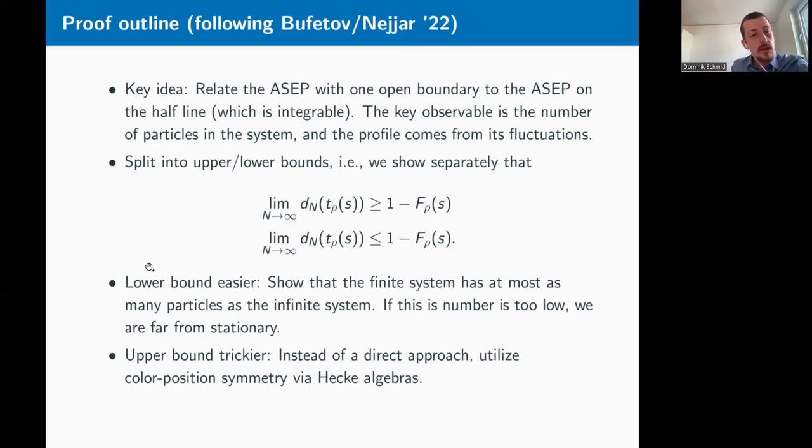And I claim that the lower bound is actually simpler, in the sense that we just look at the number of particles entering the system, and we just count. If this number is too low, we saw before that the stationary distribution is concentrated on everything being packed, so we just conclude we are not in stationarity. The upper bound is a bit more tricky, and I'll briefly talk about this.